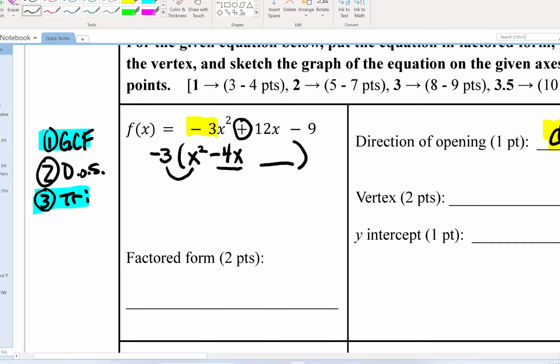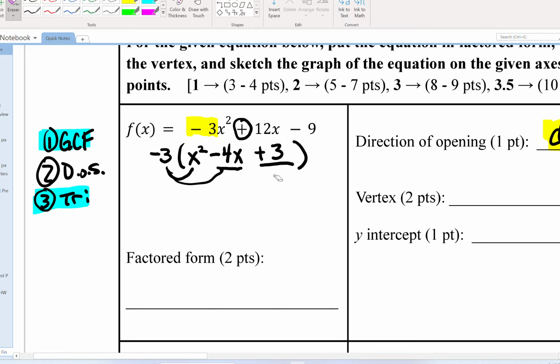And then, once again, I'm going to do the same thing. What would I multiply by this negative? -3, so that works there. And then -3 times what would give me negative on this -9? That would have to be positive. And then 3 times what would give me 9? Well, 3. So -3 times a positive 3 is -9.